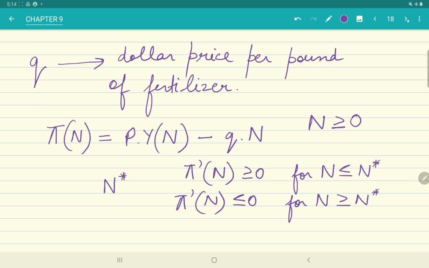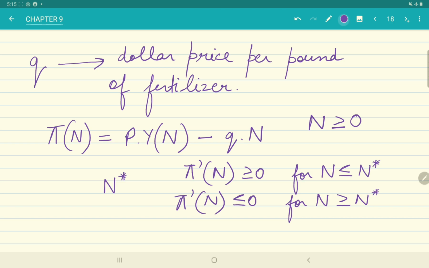That means the profit function is increasing to the left of n star and decreasing to the right of n star. What that means is that this n star is actually maximizing our profit, and we will then see that pi prime n star would be equal to 0.